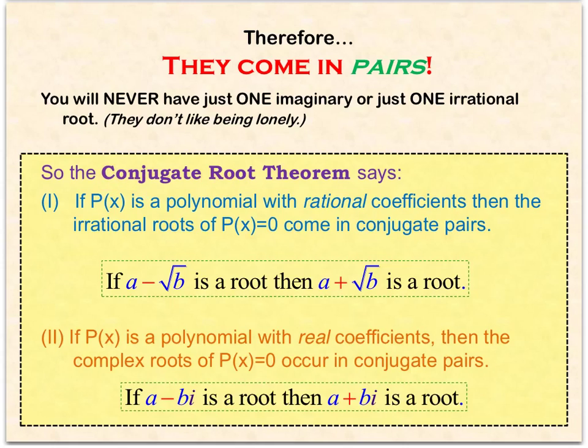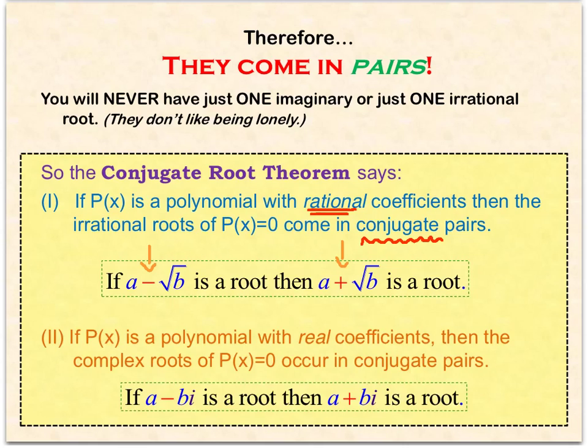Now, the conjugate root theorem tells me that if I have a polynomial that has rational coefficients, so yes, that's important, then the irrational roots of that polynomial come in conjugate pairs. So let's remember what the word conjugate means. It means that they differ only by the sign between them. So if a minus the square root of b is a root, then a plus the square root of b is a root.